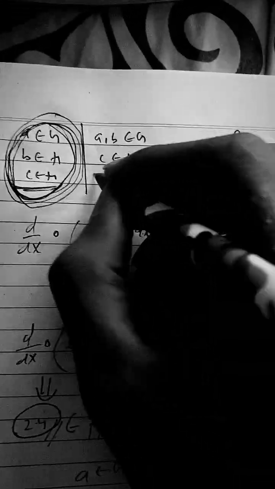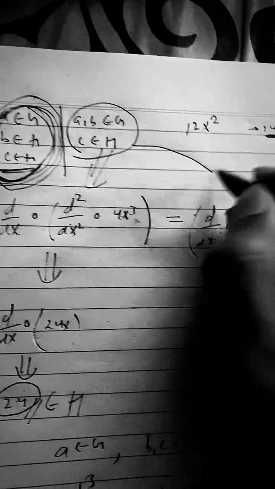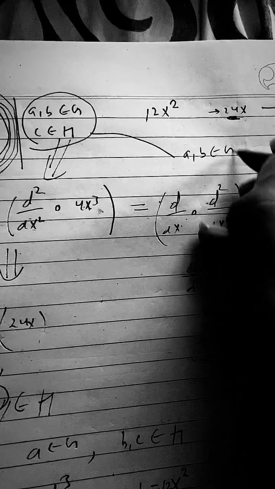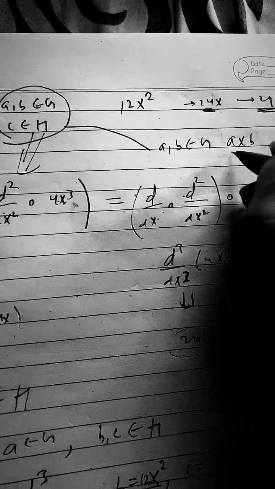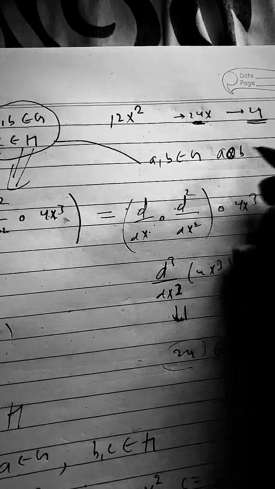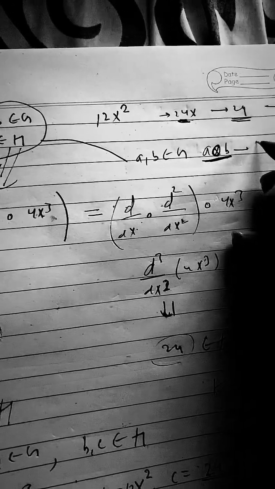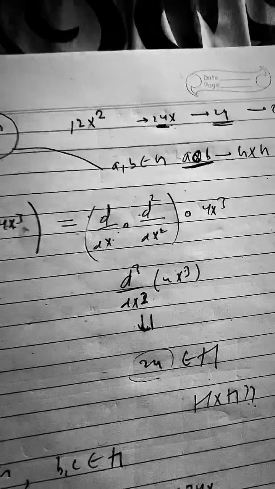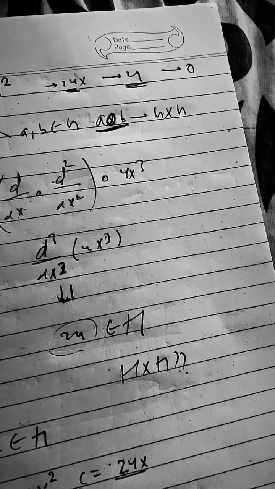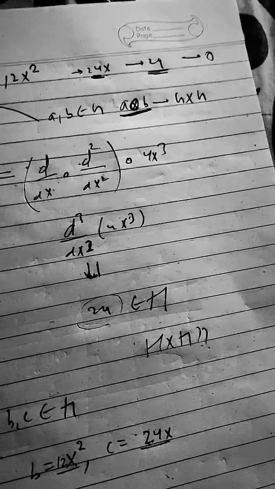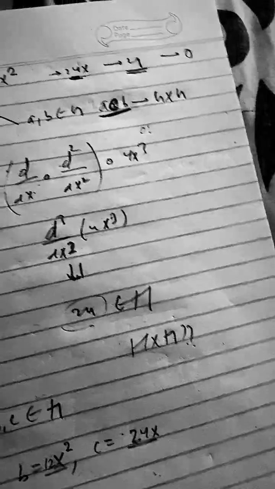The associativity comes from this, because AB belongs to G means A composed with B, and this is defined because G cross G we can do, right? We can compose it because they are functions.